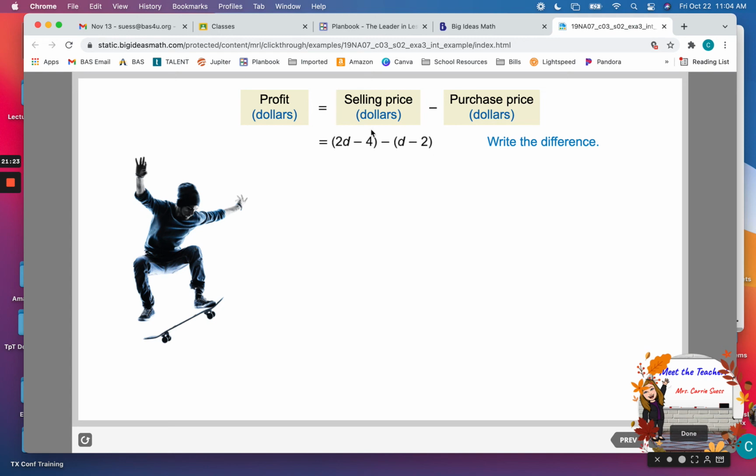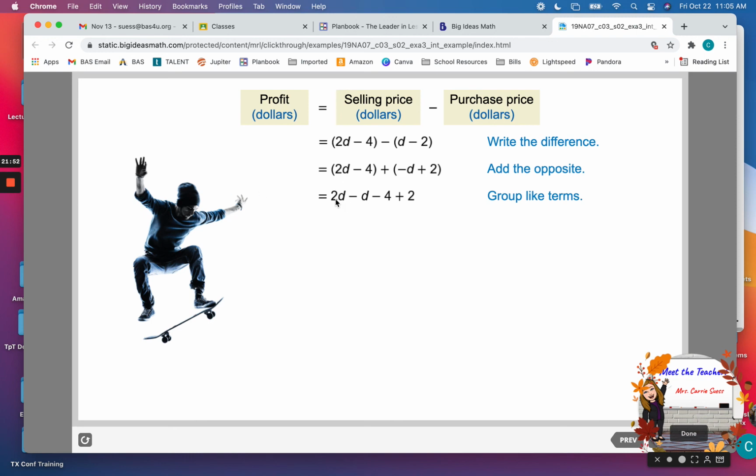So what are like terms in this expression? 2D and the D. Now what do I do with this negative? Got to apply it to both of those, right? So I have 2D minus D, and then I have minus 4, and then you have a negative 2, which makes it a positive 2. Ignore that middle line. I think it confuses y'all. So just go straight to here.